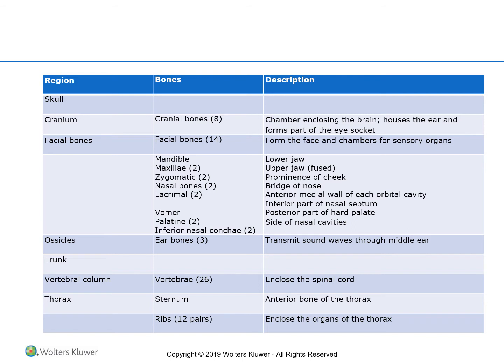And regarding the cranial bones, we have the frontal bone that makes up the forehead, the anterior skull's roof, and the roof of the eye orbit.